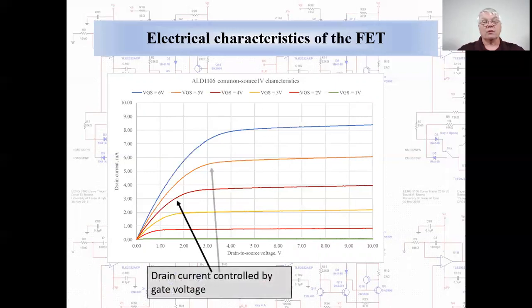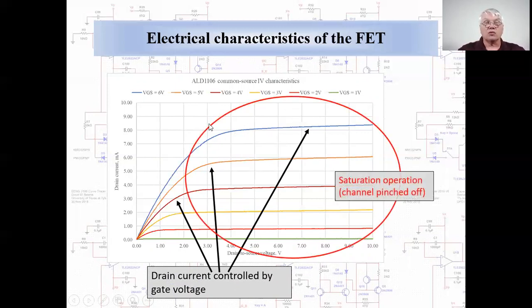So notice the separate curves for each gate voltage, and notice how the current is dependent upon that gate voltage. And this region, where we have the drain current largely independent of the drain source voltage, is a result of the pinch-off phenomenon. The FET is said to be in saturation when it operates with its channel in pinch-off. Just as a note, saturation in a MOSFET does not mean the same thing as saturation in a BJT.